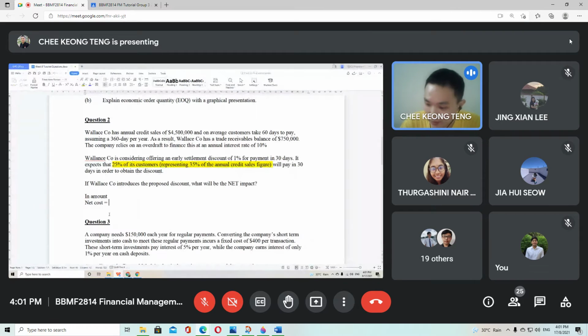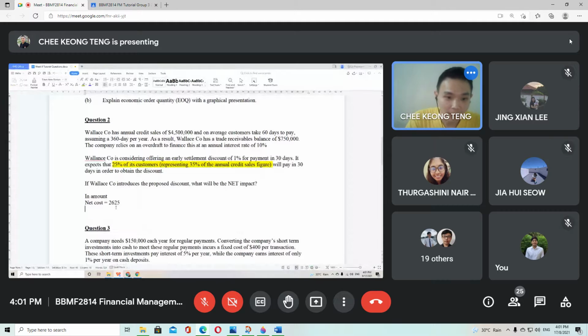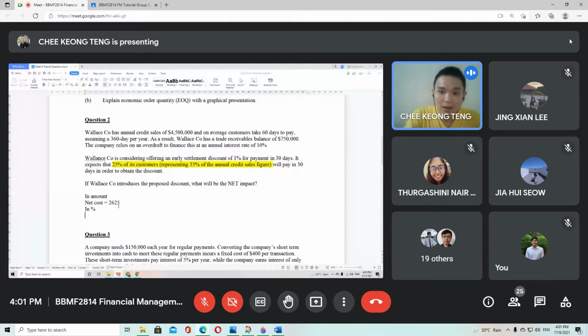If you calculate in percentage, if you remember the formula, 100 divided by 100 minus t, power of 365 divided by t, minus 1, you will get the cost of discount. I think it's 12.8%, if I'm not mistaken.